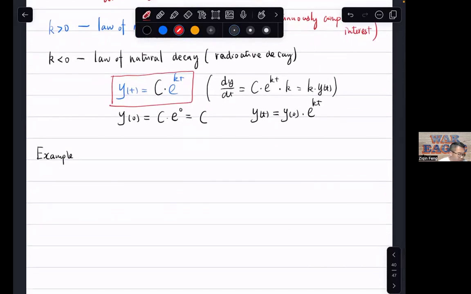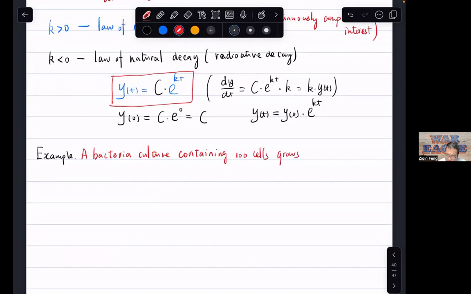So we have a bacteria culture here, a bacteria culture containing, we put in 100 cells, containing 100 cells, right?